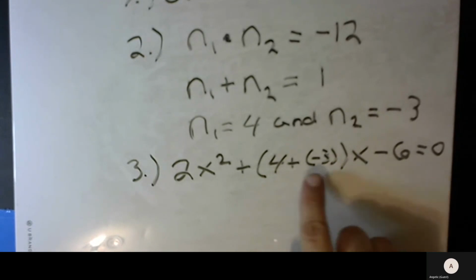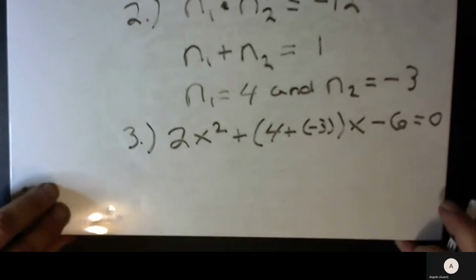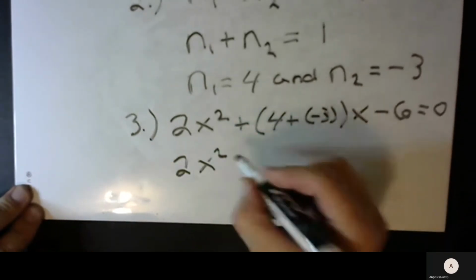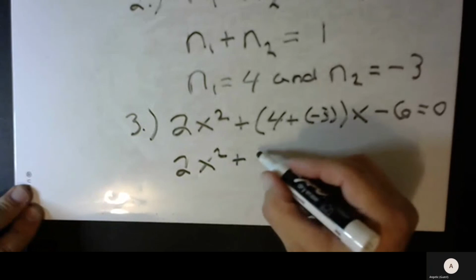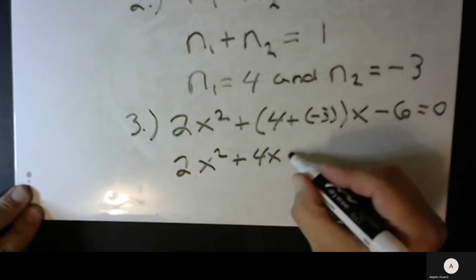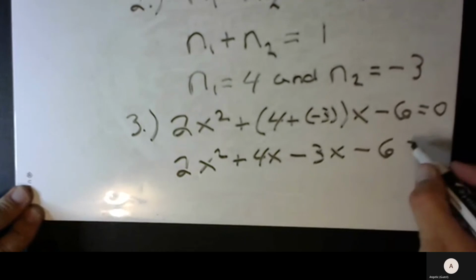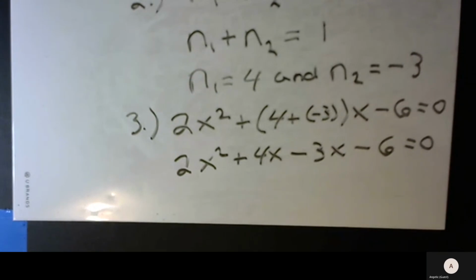And so if we distribute the x through here, what we'll get is 2x squared plus 4x minus 3x minus 6 is equal to 0. And now we're going to do a technique in algebra called grouping.